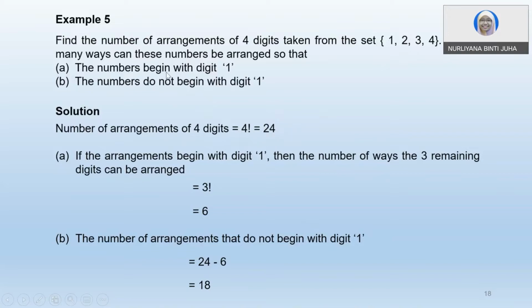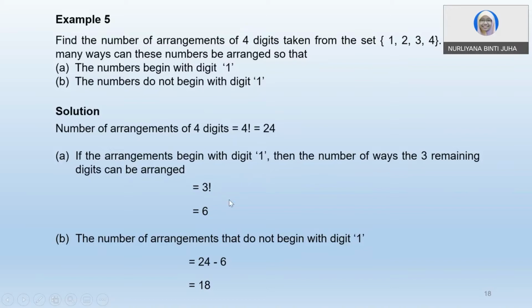And A, if the arrangement begins with digit 1, then the number of ways the 3 remaining digits can be arranged is 3 factorial, because the first one is already fixed. You must start with 1.